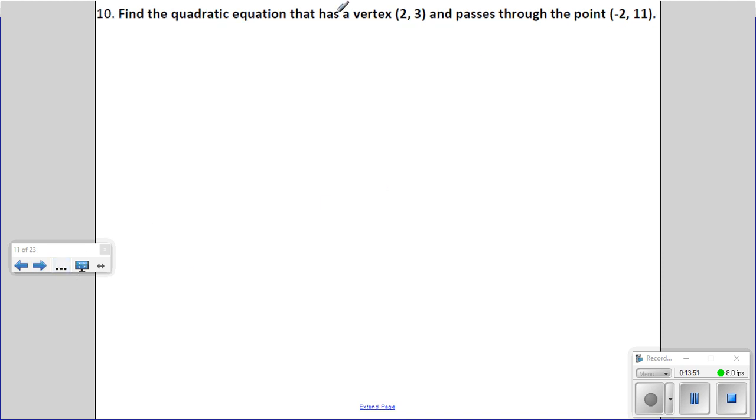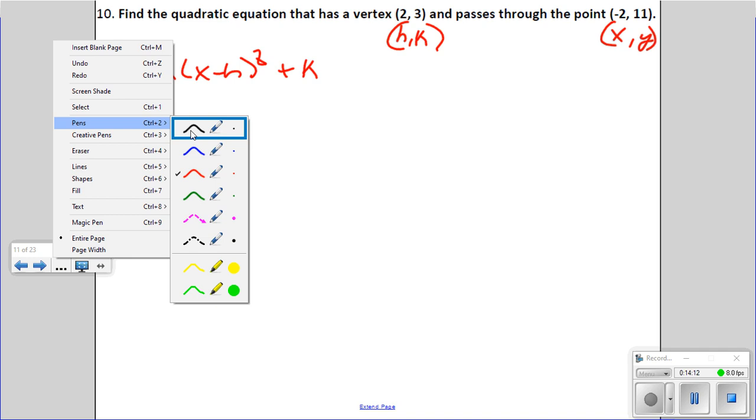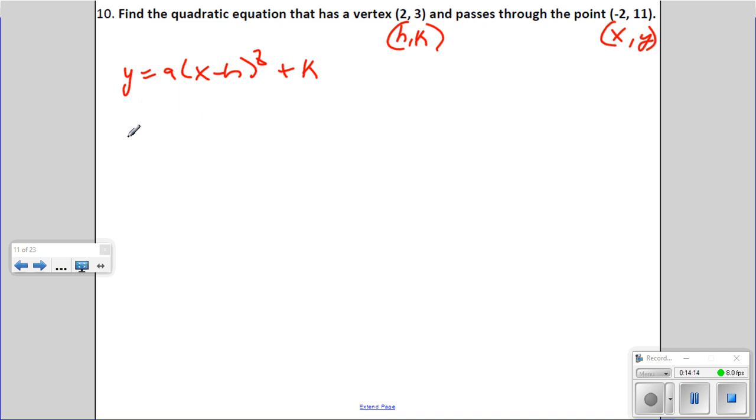So same idea for number 10. Again, here's h, here's k. This is x, this is y. The equation is y equals a parentheses x minus h squared plus k. So sub in the values where they belong correctly. So y is 11.